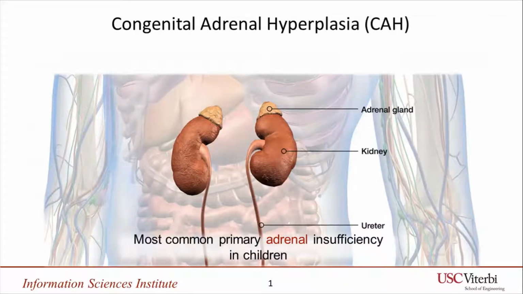I will start with a short introduction on the disease we are studying on this project, congenital adrenal hyperplasia. CAH, or congenital adrenal hyperplasia, is the most common primary adrenal insufficiency in children. And as some of you might know, adrenal glands are located on top of our kidneys.